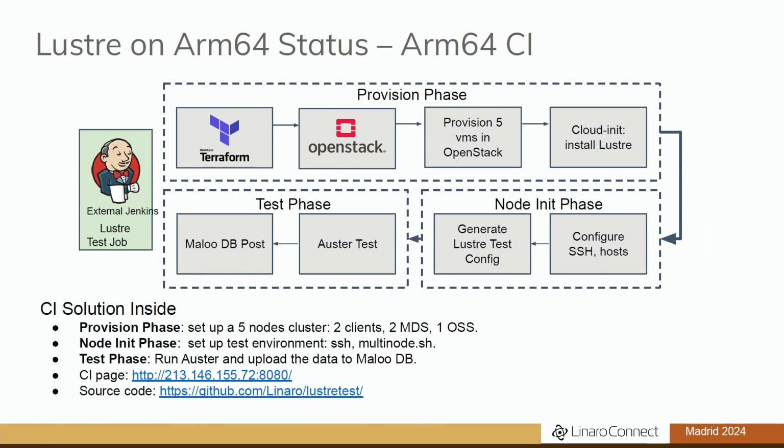And this is the external CI solution inside. As you can see, we use the Jenkins pipeline test engine. Inside the CI, we have several phases, which is the provision phase.